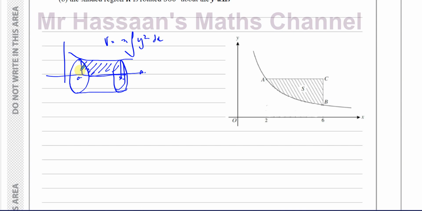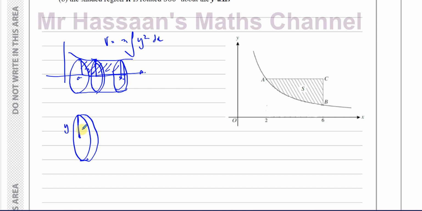and the reason for it being pi times y squared dx is because we consider a small cylinder in this section here, and if we take that cylinder, it has a radius, which would be this length here, which will be basically the y coordinate of the point here.